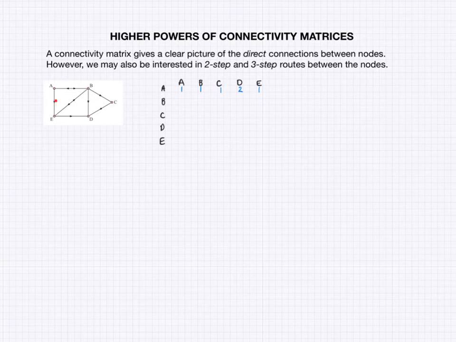We could start going to E, but then there's no connection from E back to A. So we actually have 0 connections from B to A. If we want to return back to B, we've also got this edge B, E, and back to B, so we've got 2 connections showing there. From B to C, there's no two-step directions. Just going to finish this off now.